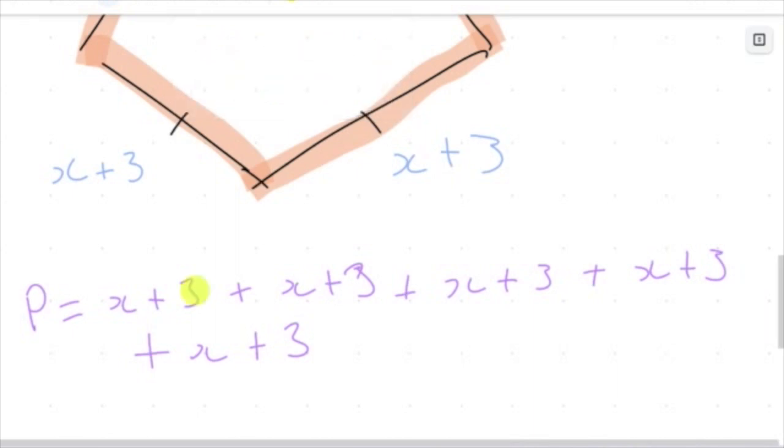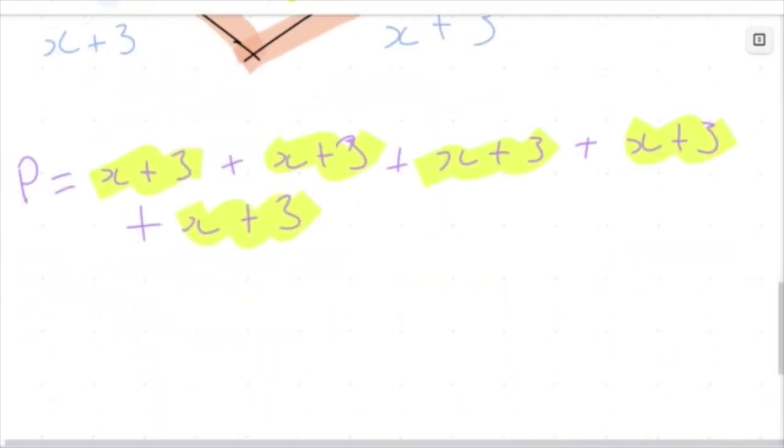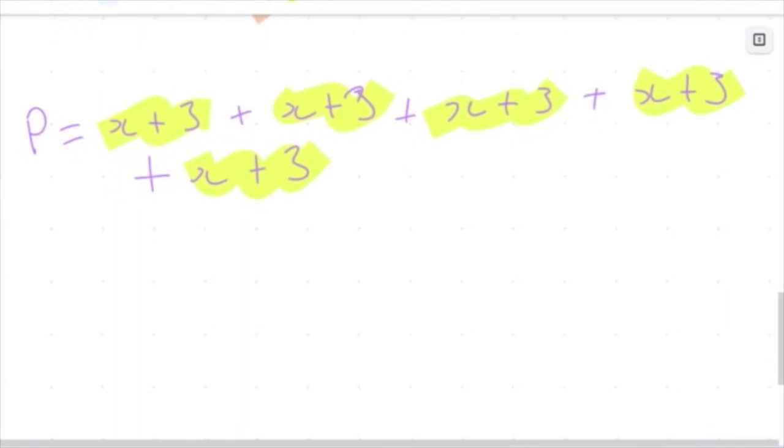I have 1, 2, 3, 4, 5, and all of these are adding together. So once again, I can write my perimeter as 5 lots of x plus 3. So that yellow looks really gross.